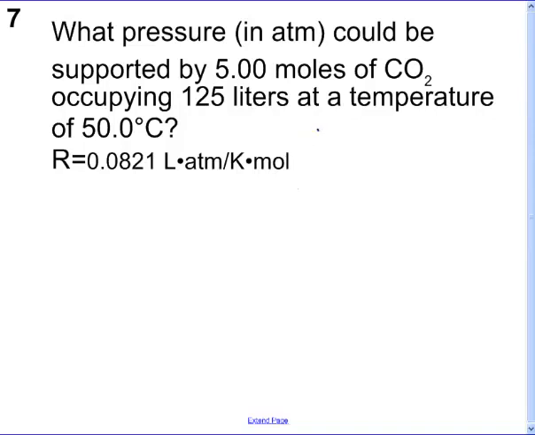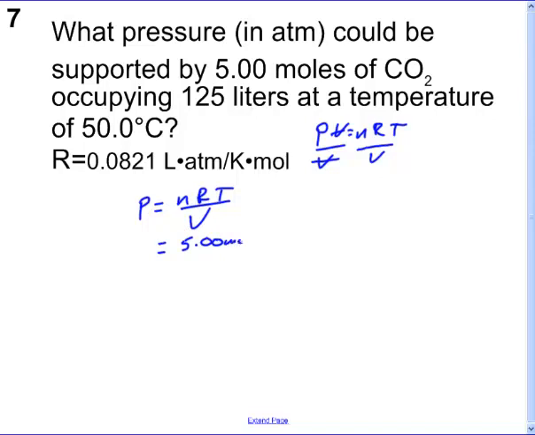So I've got PV equals nRT, okay, and I'm solving for P, okay, so I'm dividing both sides by V, right, that cancels there, and so P equals nRT over V. So now let's plug the numbers in, all right, so I've got 5.00 moles of CO2.